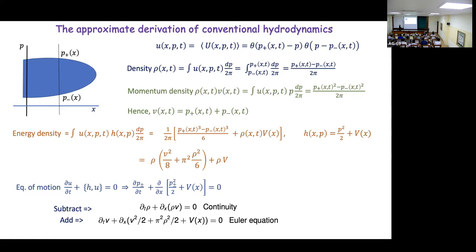Similarly, the momentum density, how much momentum there is, is given by the integral of u with p dp. You're counting not just the number of fermions, but each fermion has some momentum p. That gives you P plus squared minus P minus squared. As a result, the velocity is just given by P plus plus P minus. So that's your identification.